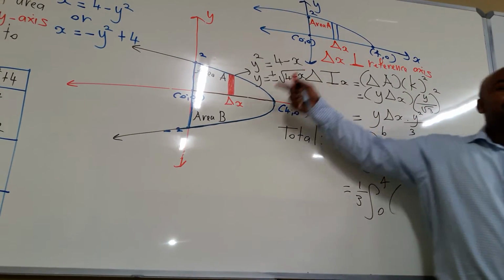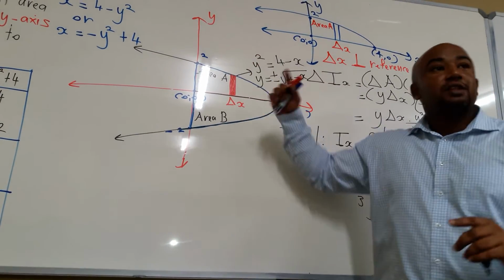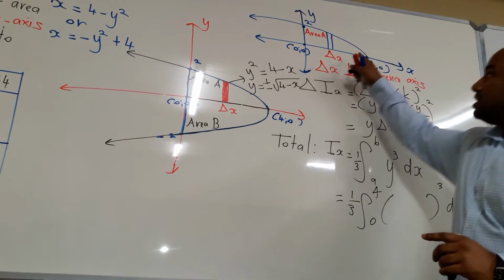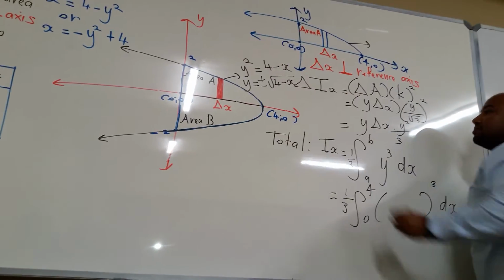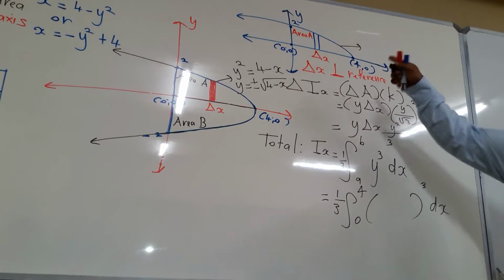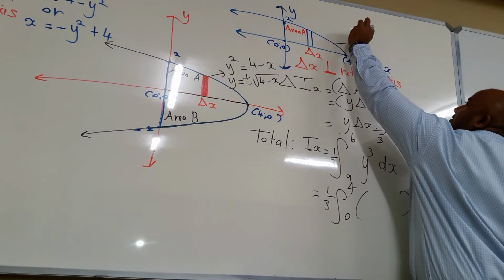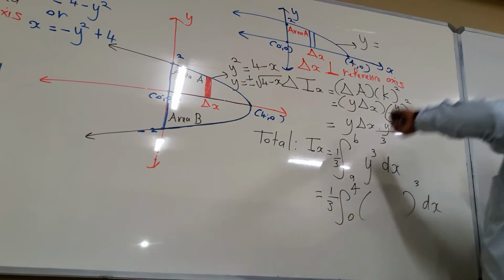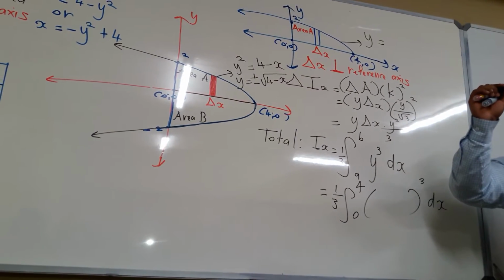But am I dealing with the full parabola here? No, I just took the top half, which is area A. What is the equation of this curve only? This is on the positive side, y can only be positive here.